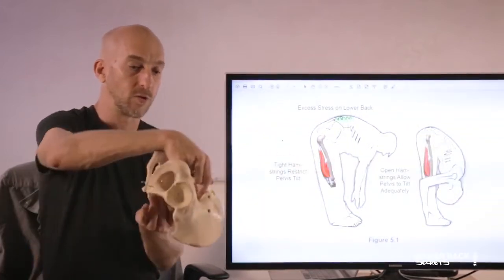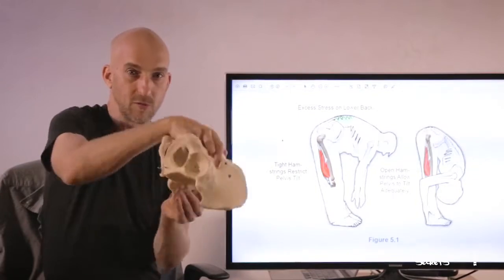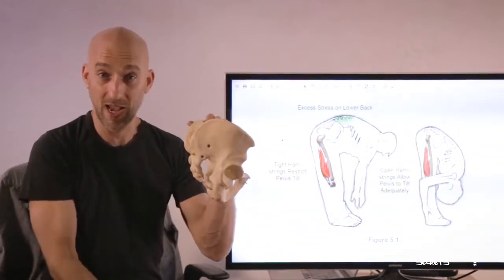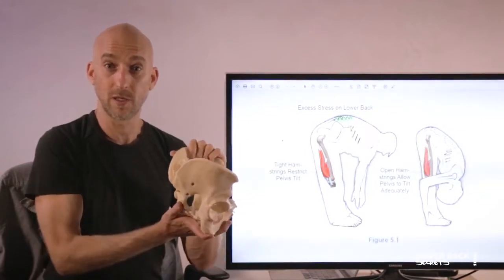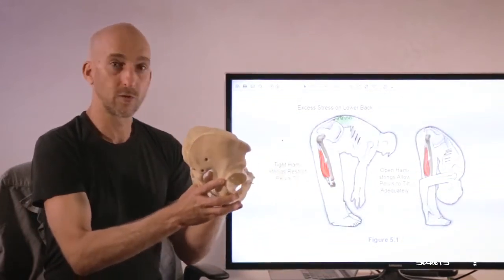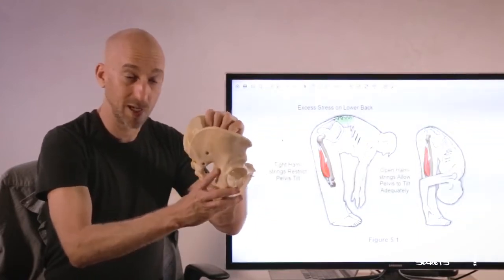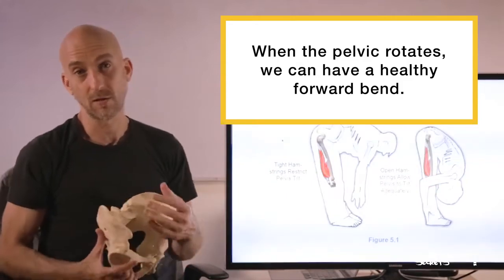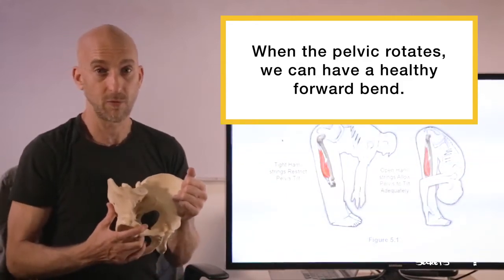The reason there's no stress or strain in the lower back is because the pelvis is rotating. The reason the pelvis is rotating has to do with the hamstrings, which we'll discuss in a different chapter, but let's first recognize that when the pelvis rotates, we can have a healthy forward bend. And this goes for a sitting forward bend or a standing forward bend.